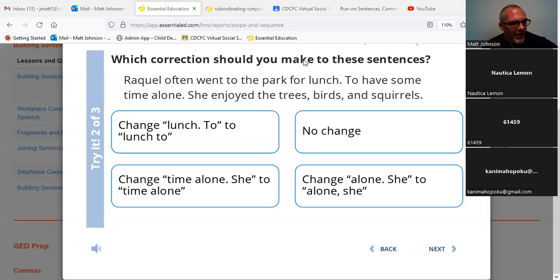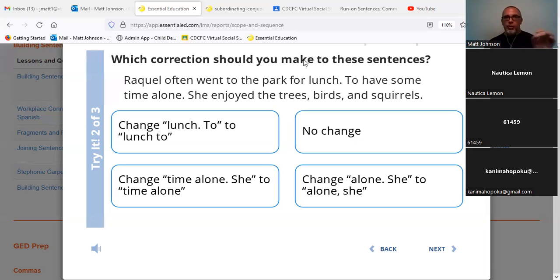But here, we're just removing that period, right? Because Raquel often went to the park for lunch. That's a complete idea. To have some time alone, right? Not a complete idea. And then she enjoyed the trees, birds, and squirrels. Complete idea, right? She is the subject, enjoyed is our verb, and the trees, birds, and squirrels is the rest of the predicate.